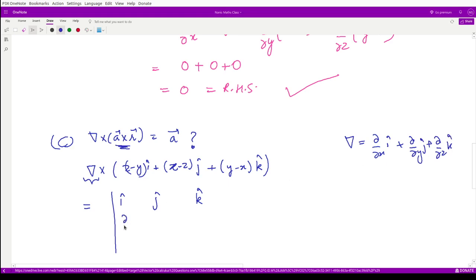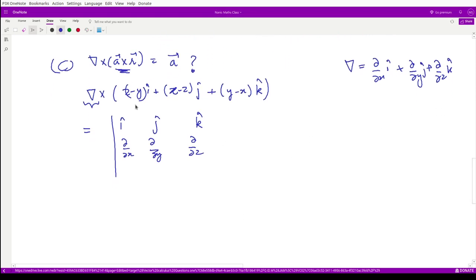So its components are del by del x, del by del y and del by del z. And then the components of the second vector are z minus y, x minus z, and y minus x.